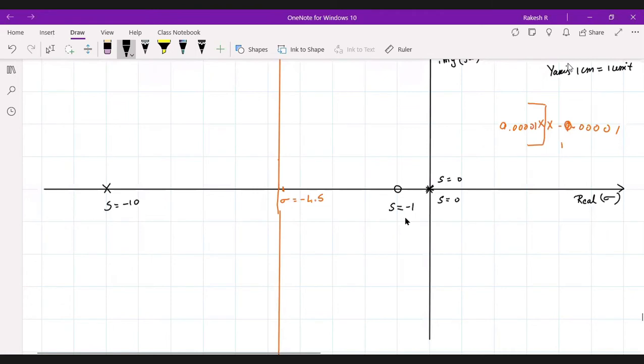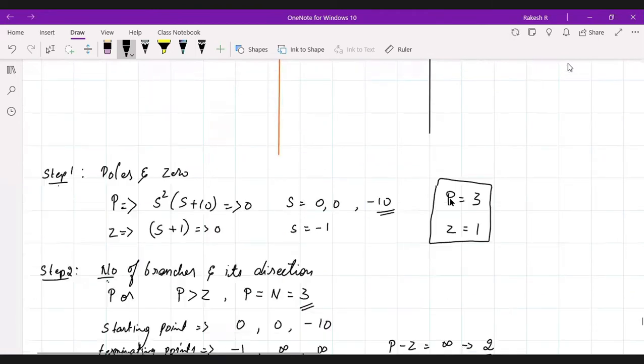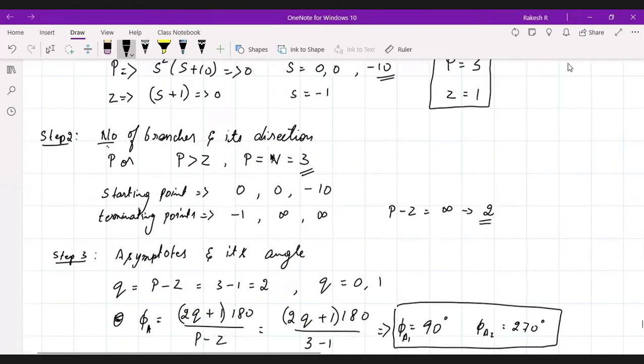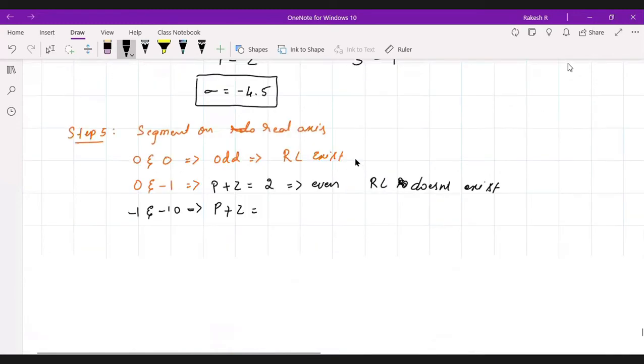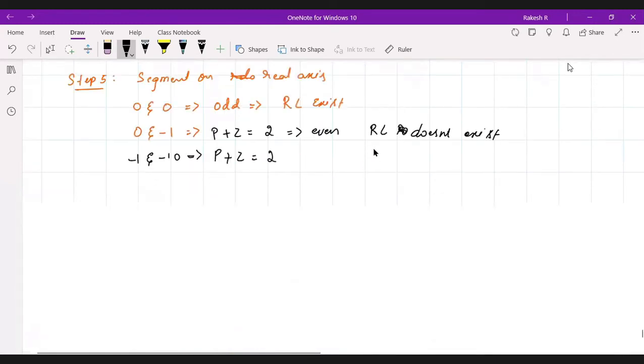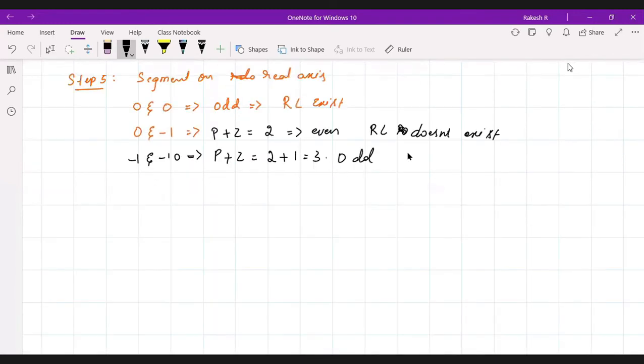Minus 1 is the zero, and the two at 0 are poles. So poles here are 2 and zero here is 1. This is 3, so it is odd. So root locus exists here.